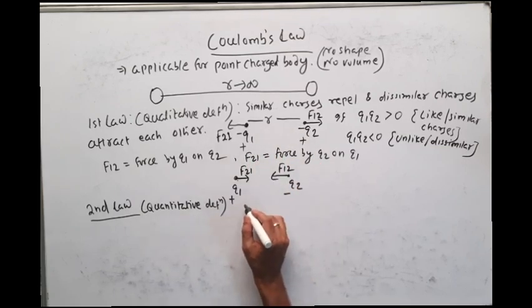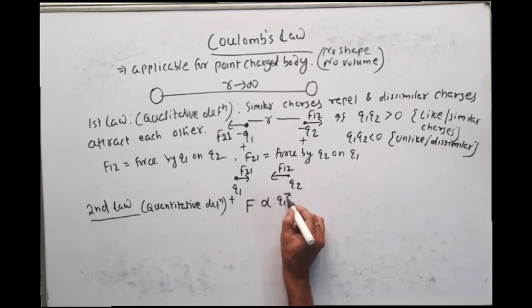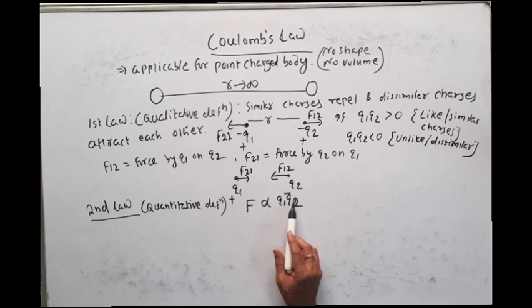According to the second law, this force is directly proportional to the product of the two charges. If the magnitudes of the charges are more, the force between them is also more.